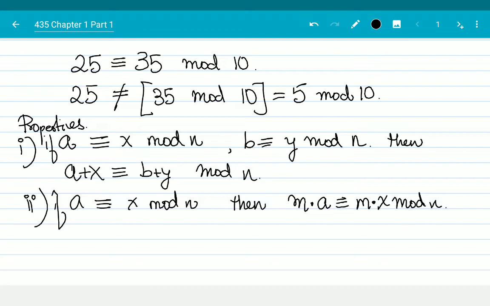So multiplication is preserved, addition, subtraction is preserved.